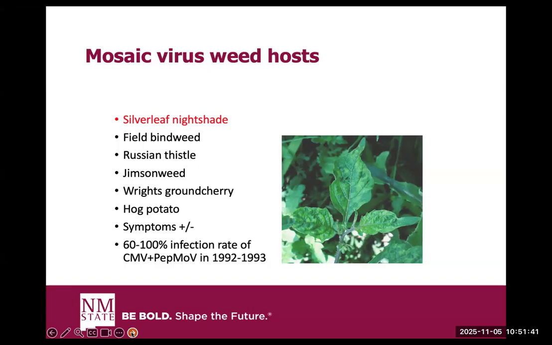You can find them in perennial weeds. It's kind of a problem. So long ago, it was said that there was a 60 to 100% infection of cucumber mosaic virus and pepper mottle virus in some of those weeds. So just when it's been looked at, it's periodic, it's not every year. Some years are particularly bad.